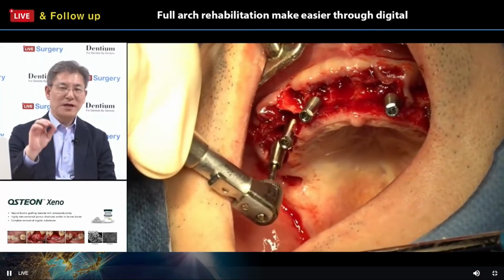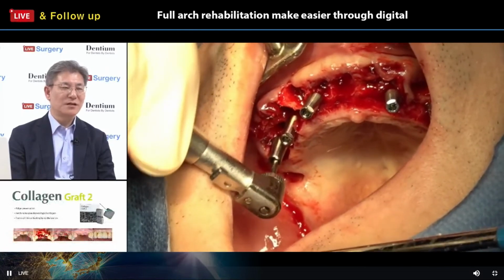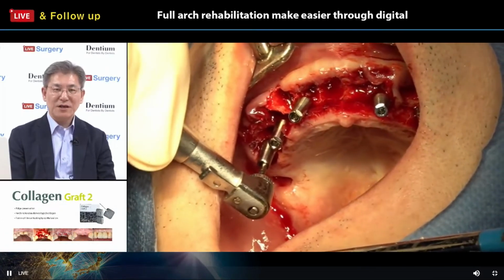No more bone grafting procedure, just put the implant fixture into the sinus area without any grafting material, because the bone chip is already compacted into the sinus floor area without sinus membrane tearing.